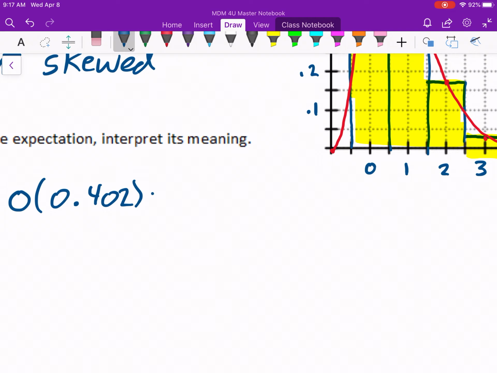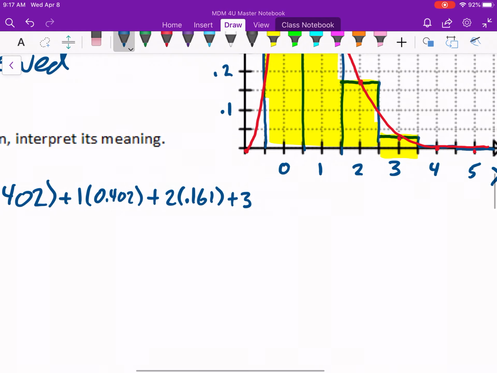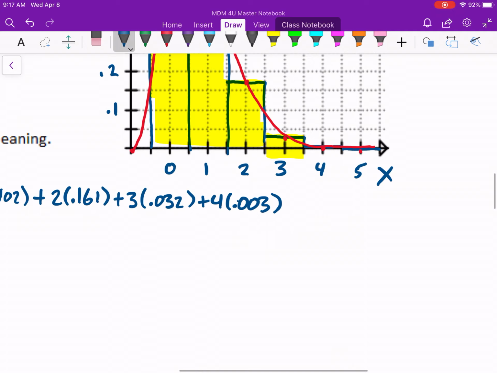And then we would do 1 times the probability of that, which was 0.402 again, and then 2 times 0.161, and 3 times 0.032, and 4 times 0.003, and 5 times 0.0001.